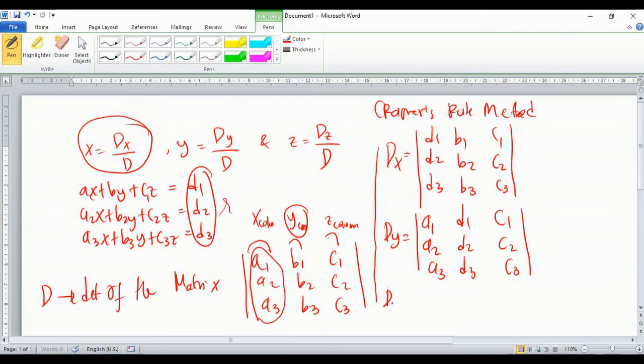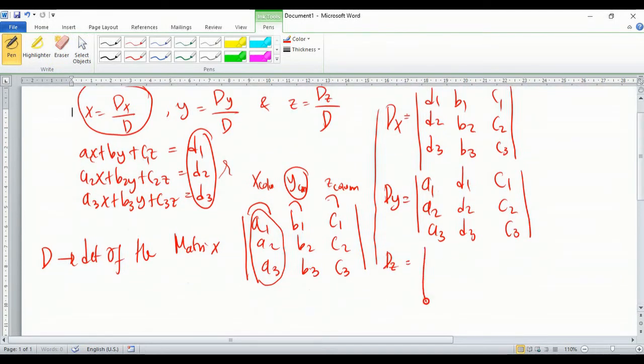How about dz? Dz has the same meaning as before. So this is a1, a2, a3, b1, b2, b3. Remember, because they're asking about the z column, you need to replace it with the answer column value. So d1, d2, d3. Okay, everyone.